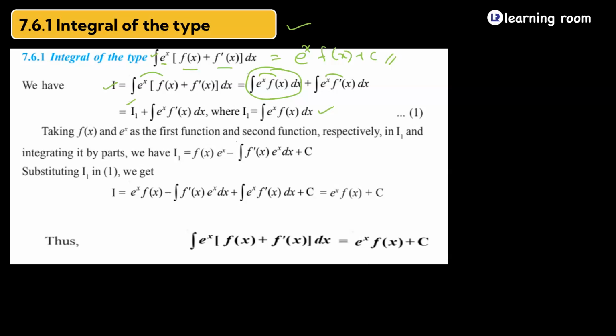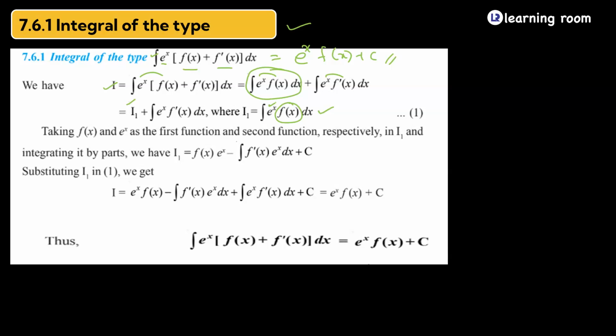Now if you take this I1, it has f of x and e power x, two functions which are getting multiplied. By default, we understand that whenever two functions are getting multiplied, there is only one method to integrate. What is it?